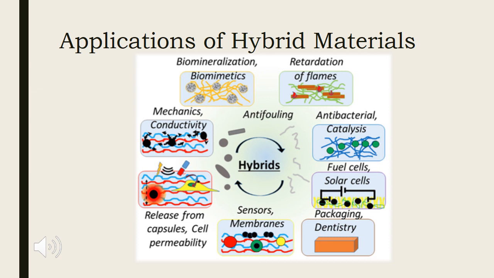The diagram shows a general range of applications of hybrid materials, including biomineralization, biomimetics, retardation of flames, antibacterial properties and catalysis, fuel and solar cells, packaging and application in dentistry, sensors and membranes, release from drug delivery vehicles, cells or delivery into cells, enhancement of mechanical properties, electrical and thermal conductivity.